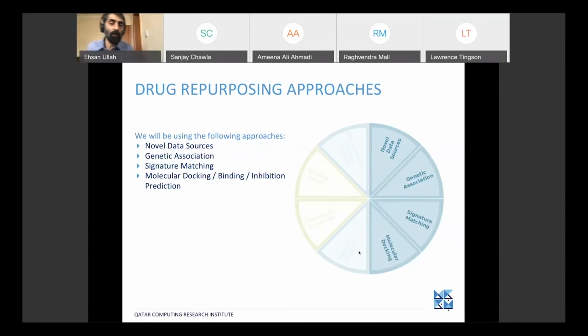One thing I would like to mention is that for the rest of the approaches shown on this slide, our group has developed expertise in these techniques to develop models to predict sensitivity of drugs to treat cancer, which is a real modern area of personalized medicine. Moreover, since a lot of data is available publicly in the form of different databases, we can exploit that data to identify drugs that can be repurposed.